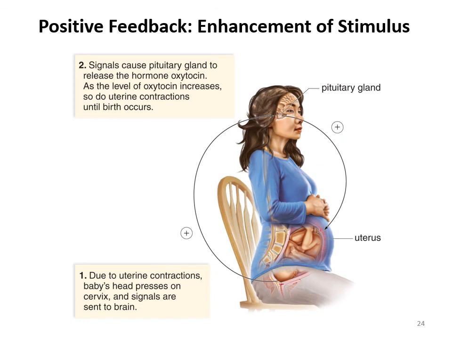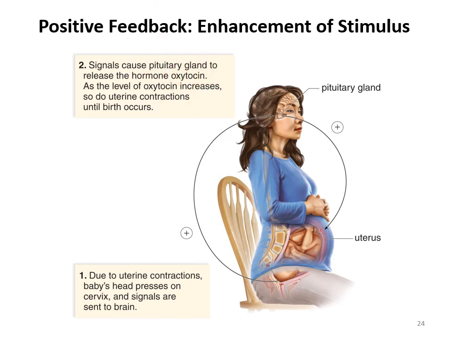And then lastly, we have the visual of the positive feedback. As I mentioned, the idea with this is positive goes in the same direction. So if the stimulus was uterine contractions, then that triggers, here's the spelling of it, the release of oxytocin.